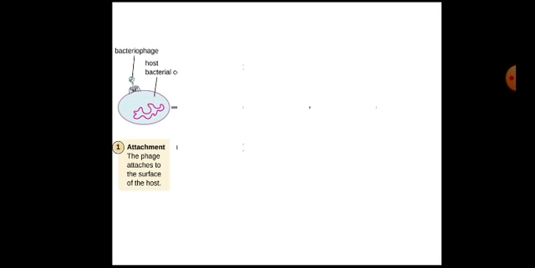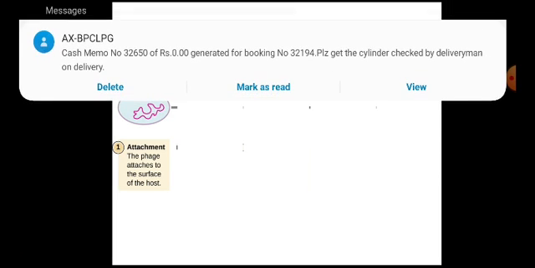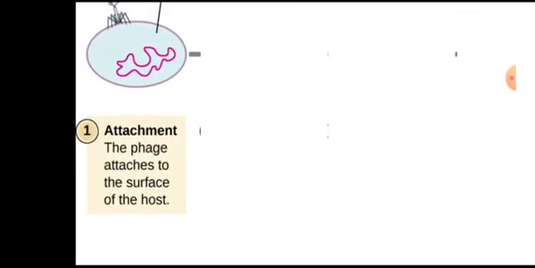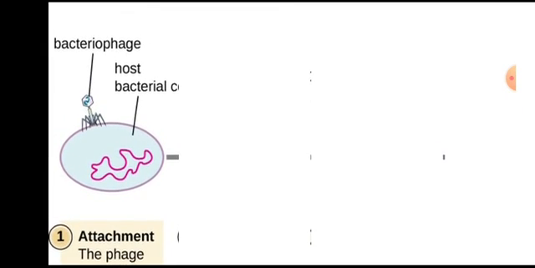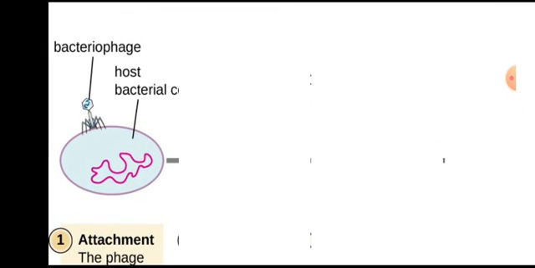Now, another example to explain the life cycle of viruses that belongs to a different category. This category is bacteriophage, life cycle of bacteriophage. Bacteriophages, as we have already learned, are the viruses of bacteria.